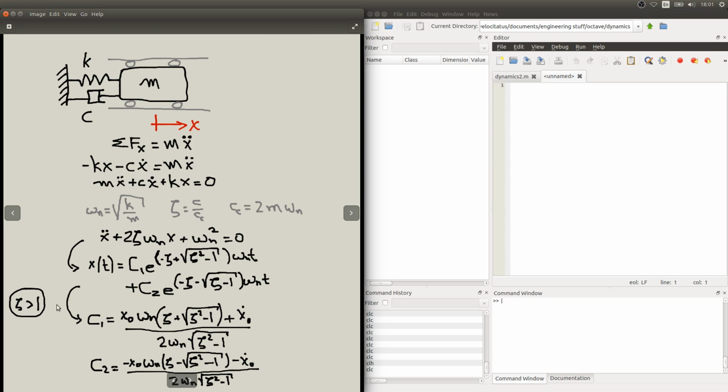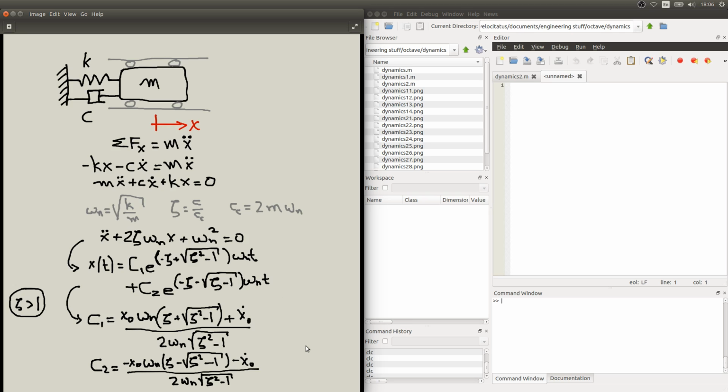Considering zeta greater than 1 in this equation, we'll find the constants c1 and c2 looking like this, and if we plug these values in our equation, we'll get our final response for our system. It's a bit longer equation, but that's a brief revision for these three types of response for a damped system.